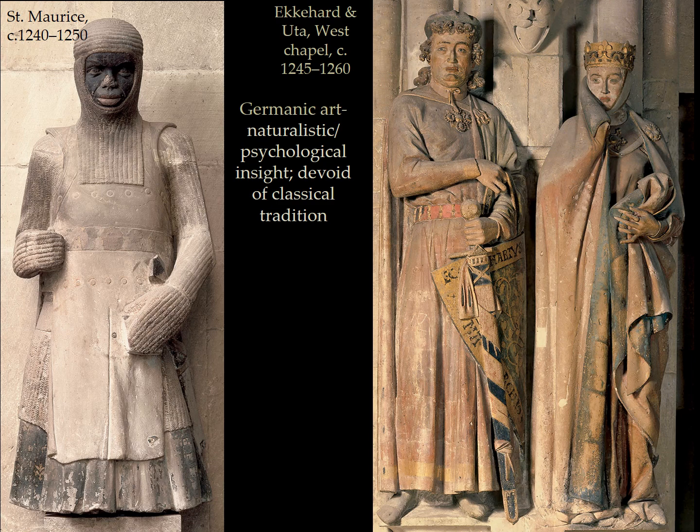Now, to review Germanic art seen in the Holy Roman Empire, as that we reviewed in the first survey, seen with St. Maurice and Eckhart and Uta, is going to reveal a type of naturalism and psychological insight and realism that is lacking anywhere else in Europe. Because they are in the north, and because they are distant from the Greco-Roman classical tradition, they do not base their sculptures on those seen in the classical world, such as ancient Greece and Rome.